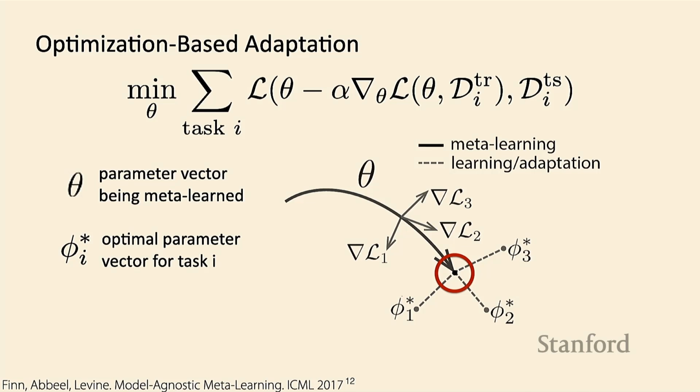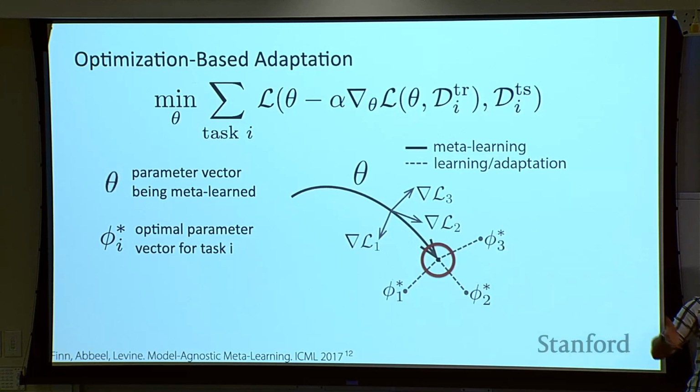Yeah, that's the gist of it. In this diagram, it looks like it's almost averaging the task parameters. In practice, you may get something like that. You may also be in scenarios where you're actually pretty far from the average, but where a gradient step will take you fairly far.